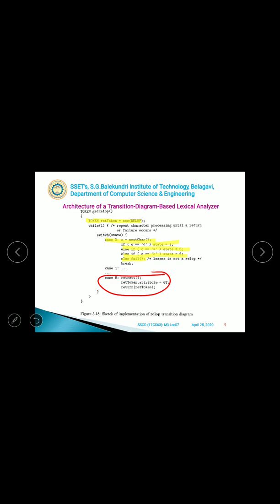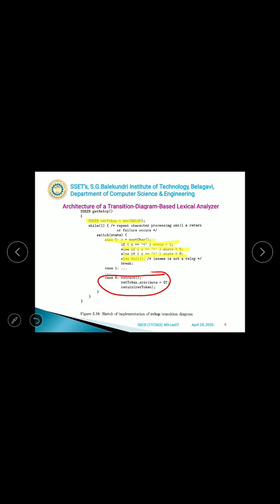That's what we are calling the function retract. It means don't consider the last consumed character. Then you are going to assign the attribute as GT because it's a greater than symbol. Then the whole thing has to be returned back. So please understand, this is just one way of showing one symbol, that is GT.